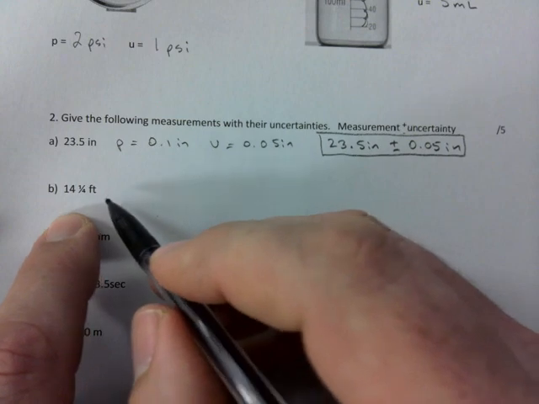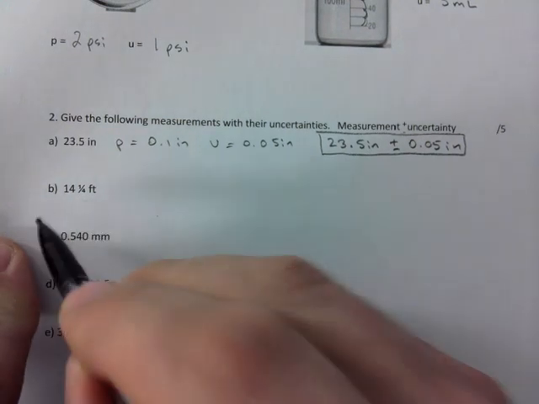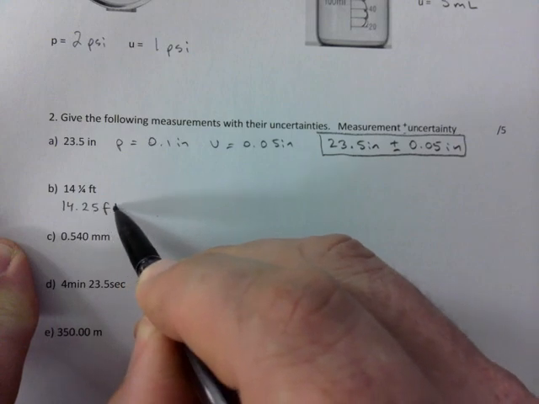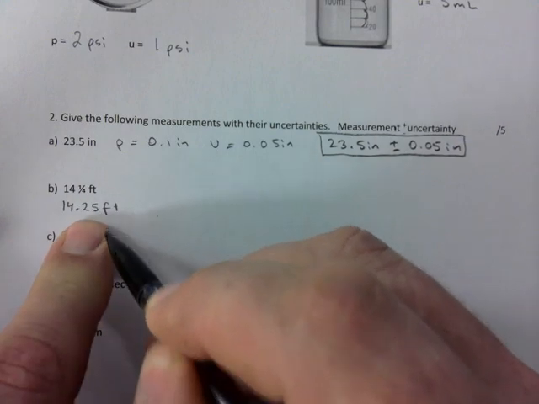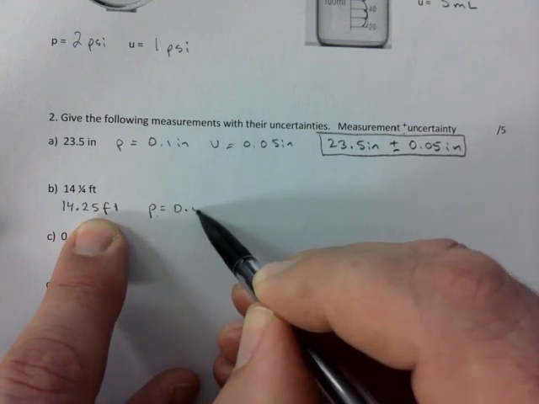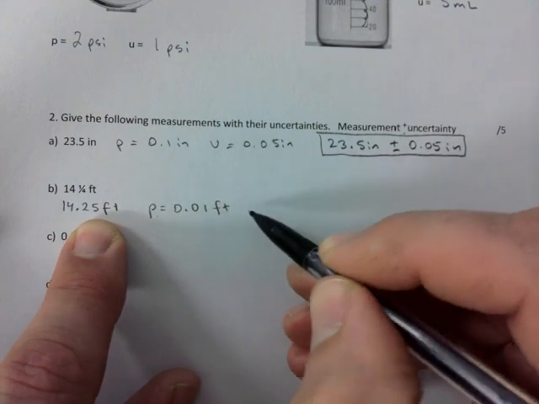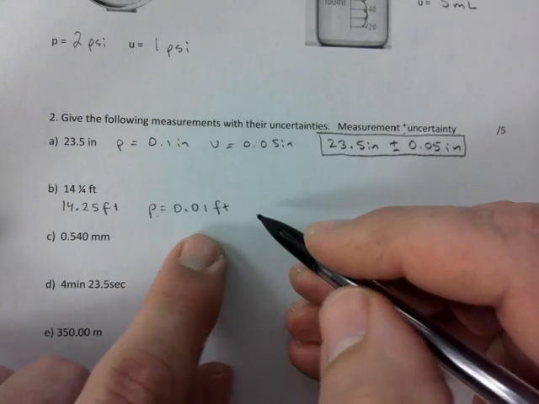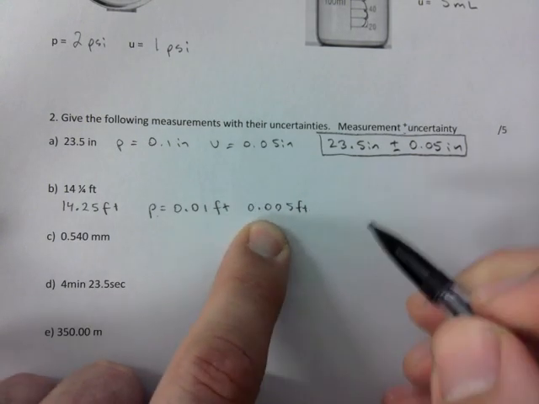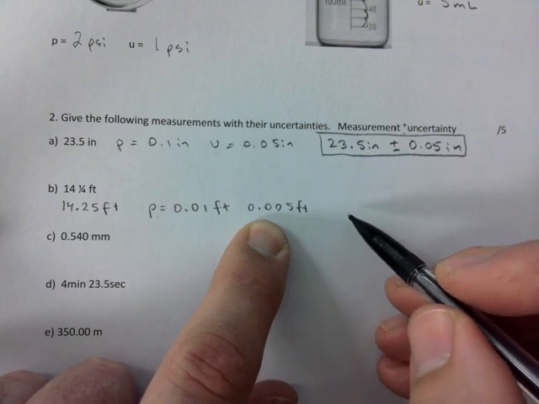Hint, hint. This one is going to be a bit controversial, but I allow you to do this. If you don't like the quarter of a foot, just go 0.25. So the precision of that is 0.01 of a foot. I will do the fraction in a bit, so if you're waiting for that, just hold on. 0.005 of a foot is my uncertainty.